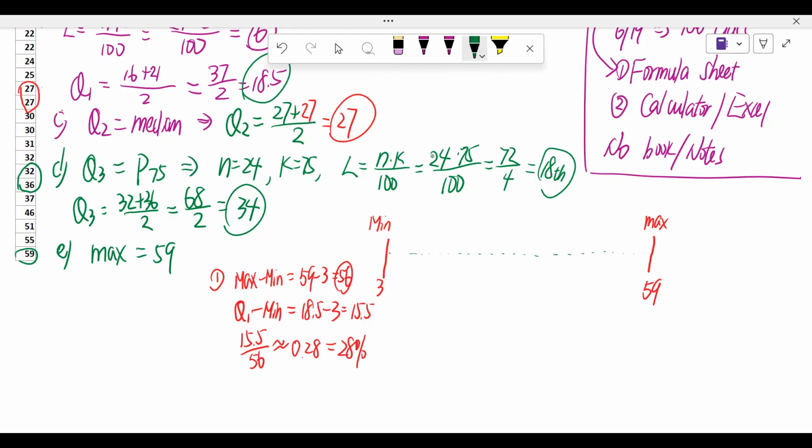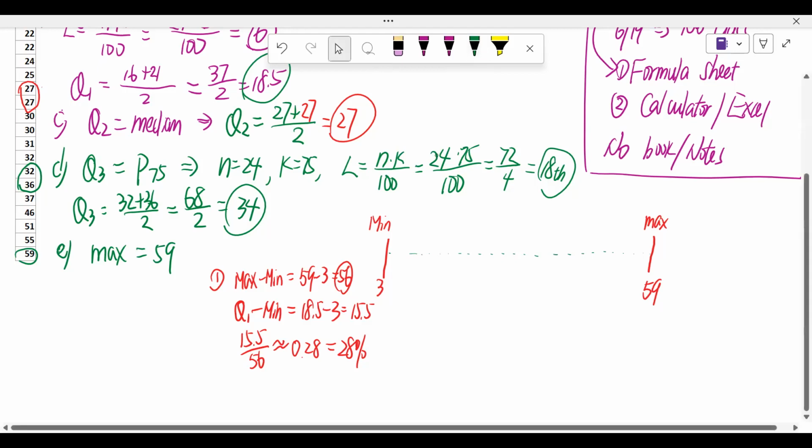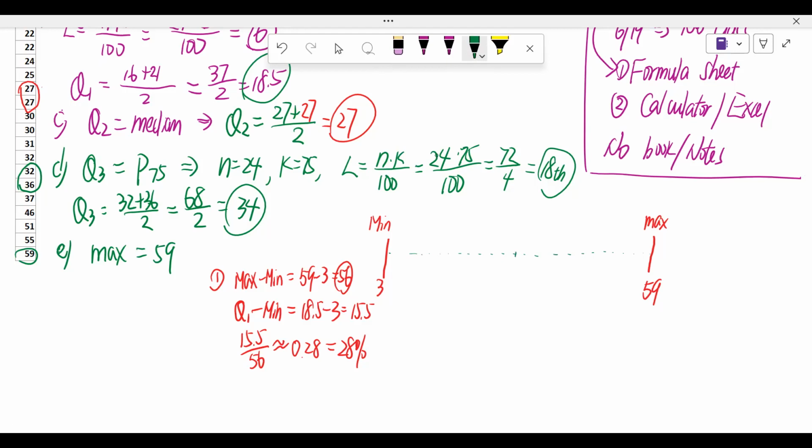You're shifting another 2% of the region. That's not a good idea. So again, you split it: it's like half, and then a quarter, but a little bit more than a quarter, so it should be right here. So Q1 goes here. If you put a number below it, it's 18.5.